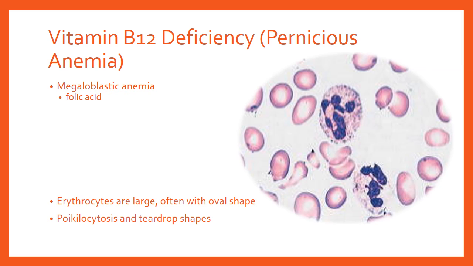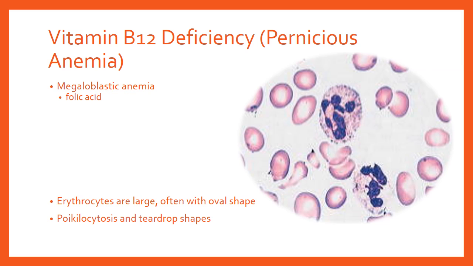Megaloblastic, huge cells. Again, folic acid deficiency or B12, I talked about it. Pernicious anemia, again, B12 deficiency, secondary to absence of intrinsic factor, which is necessary for GI absorption. And again, the cells will present the same way.